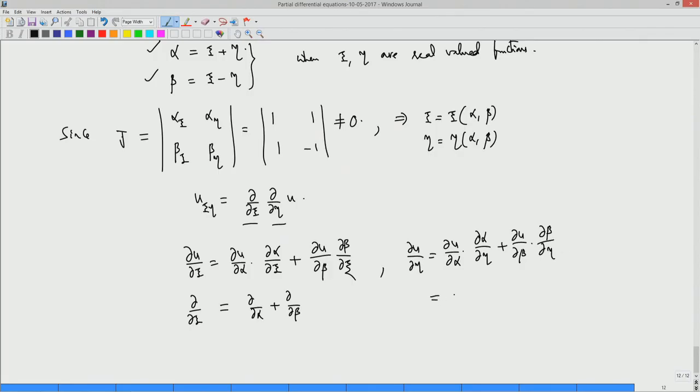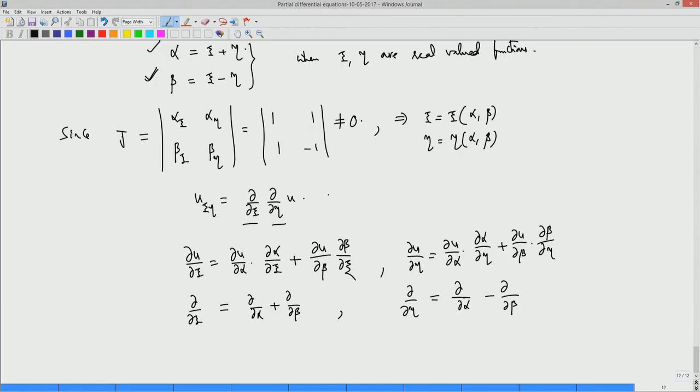Here you can see that removing u, ∂α/∂η is 1, so you have ∂u/∂α, and here minus, because β is this, ∂β/∂η is minus 1. So you have ∂u/∂β. You remove this u on both sides, and you have this transformation for ∂η and ∂ξ.